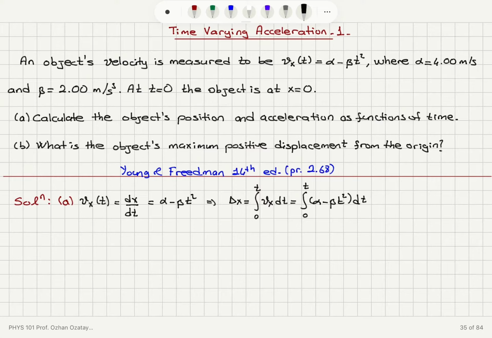So the change in position is x at time t minus x at time 0, which is 0. We obtain from the integral alpha t minus beta divided by 3 t cubed.